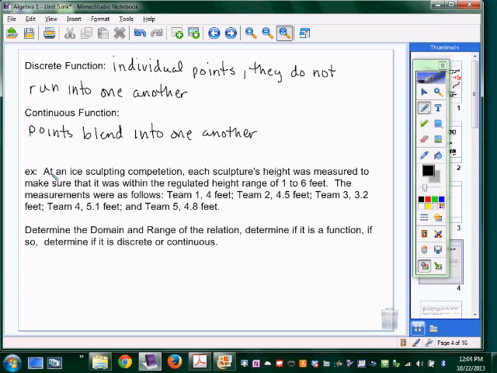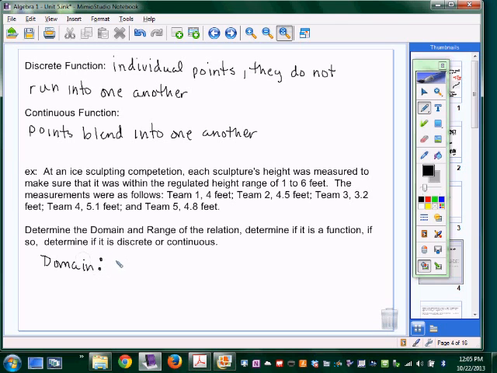Okay, so when we look at this example, we have an ice sculpting competition. The sculptures' heights are measured to make sure that it's in the regulated height range of 1 to 6 feet. And the measurements were as follows. Team 1 was 4 feet, Team 2 is 4.5, Team 3 is 3.2, Team 4 is 5.1, and Team 5 is 4.8. Okay, so the domain. The domain would be the team number?